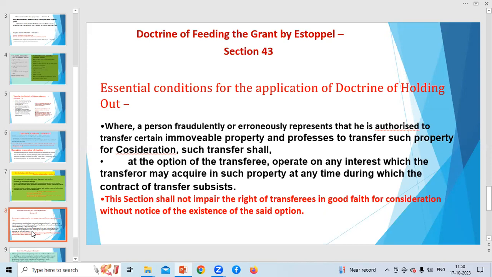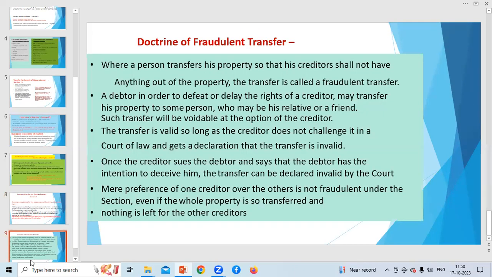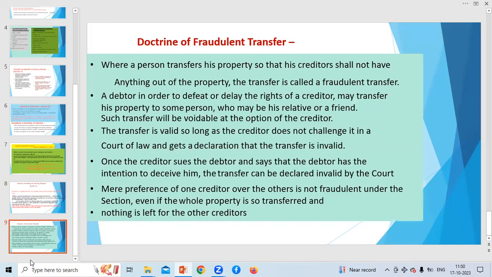This section shall not impair the right of transferees in good faith for consideration without notice of the existence of the said option. Doctrine of fraudulent transfer.